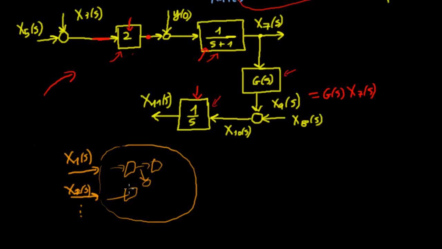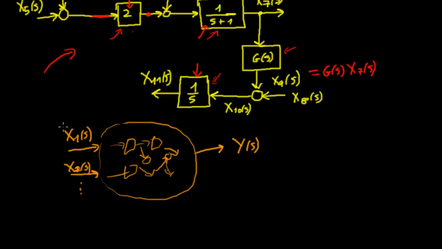Just imagine many blocks connected, a very complicated diagram, and finally we have maybe just one output. Okay, we can analyze how this input x1 affects the output just by assuming that x2 of s is equal to 0, and then performing maybe some operations and getting the overall transfer function between x1 and y.